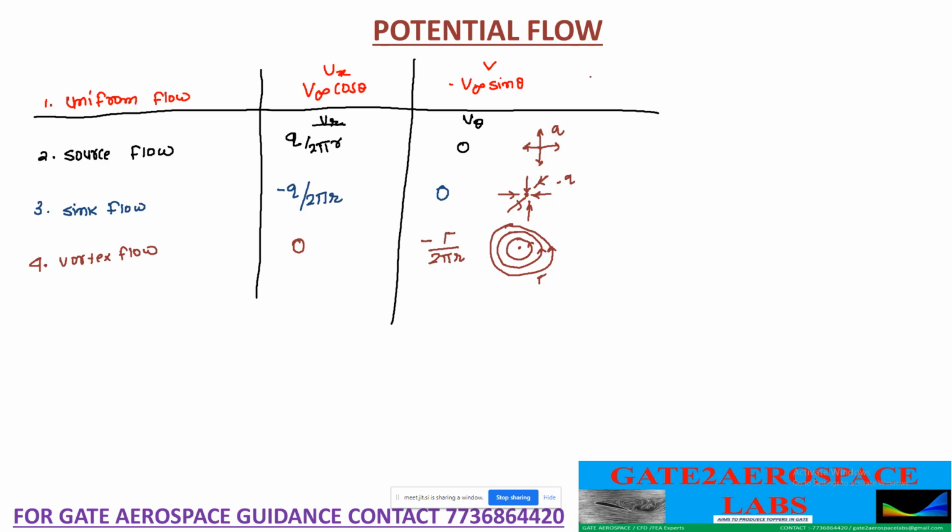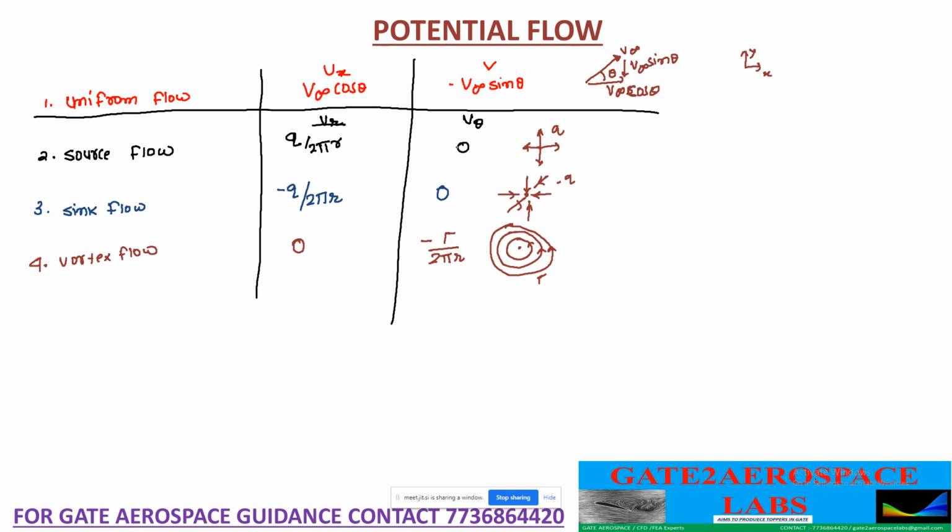And for uniform flow, you can consider that my free stream flow is like this, v infinity. So if this is my x direction and this is my y direction, and this is theta, then you can write the x component as v infinity cos theta, and the y component as v infinity sin theta.